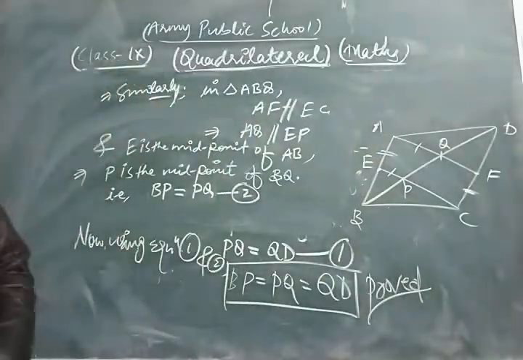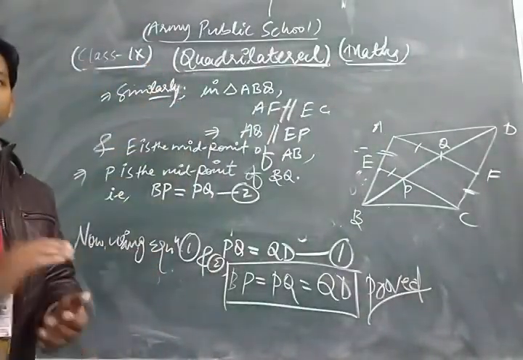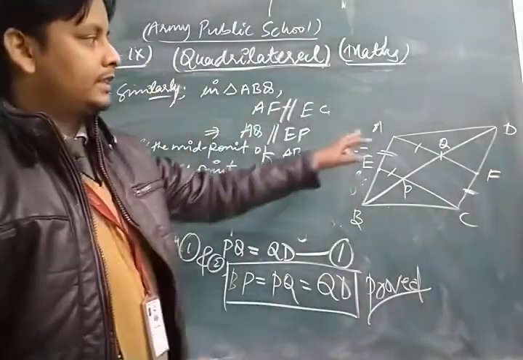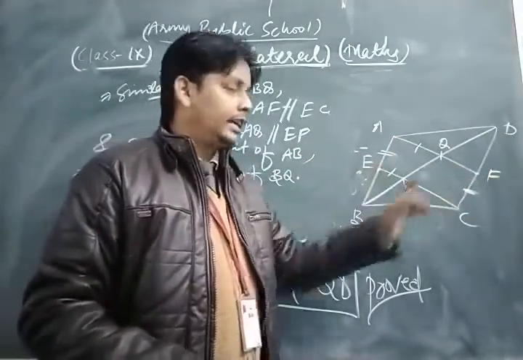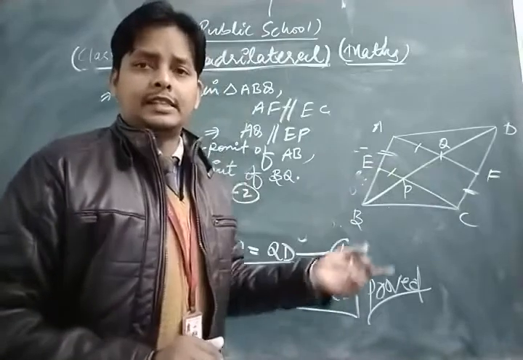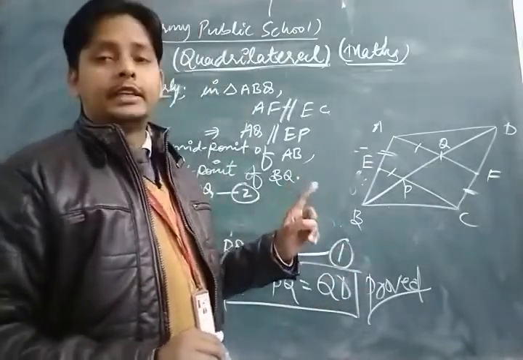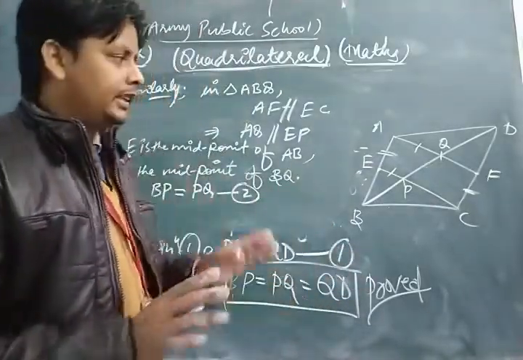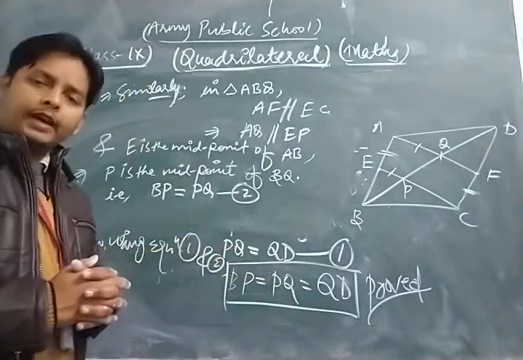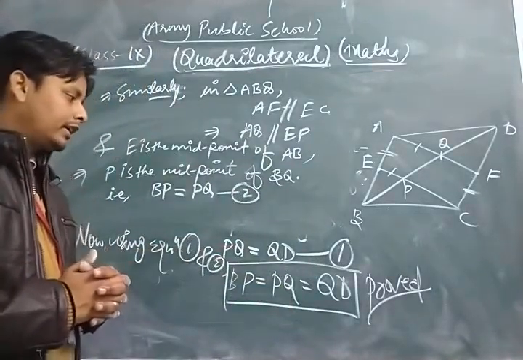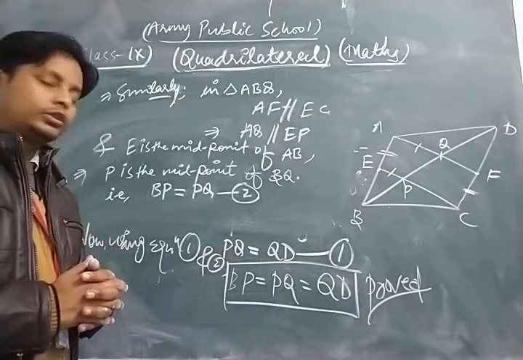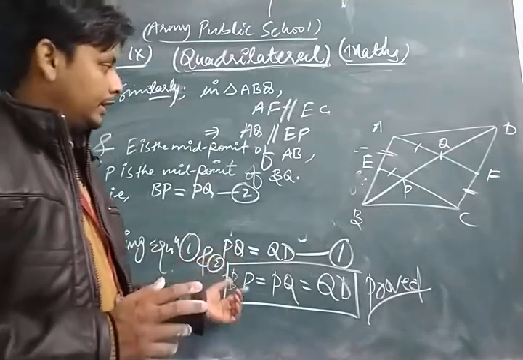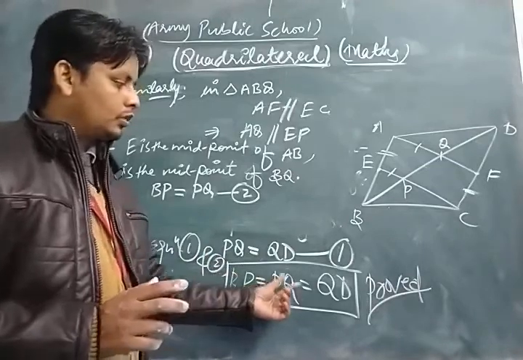It means that AF and EC trisect the diagonal BD. Trisects means that it divides the given diagonal into 3 equal parts, that is, BP is equal to PQ is equal to QD.